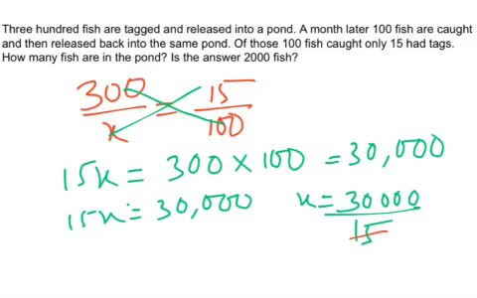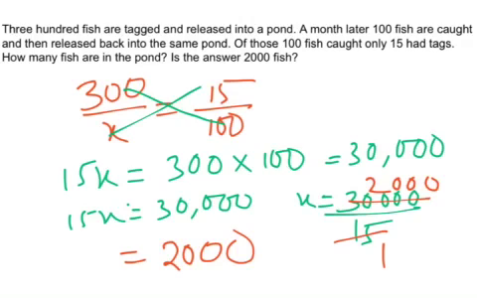As usual, we get the answer 2000. So is the answer 2000 fish? Yes, 2000 fish are there in the pond.